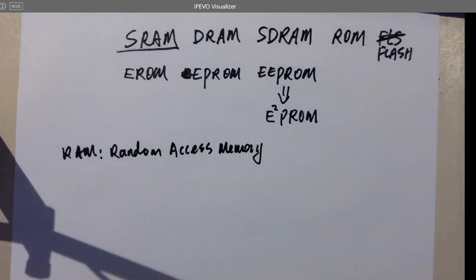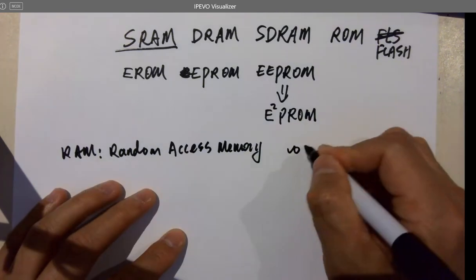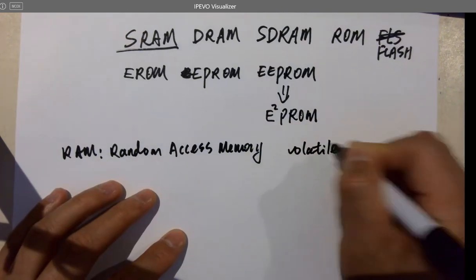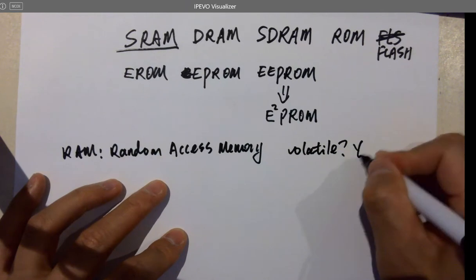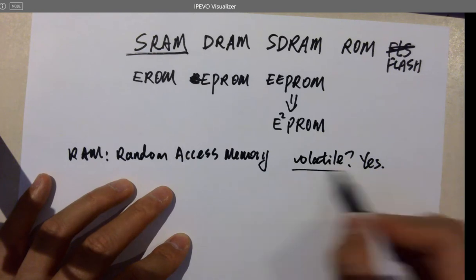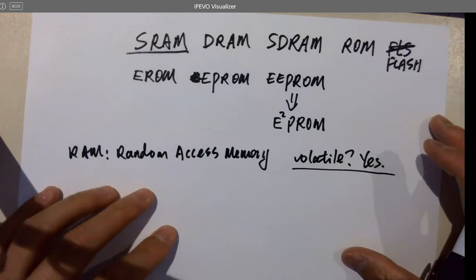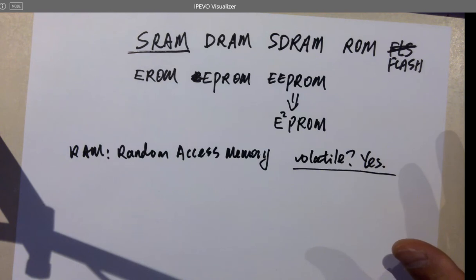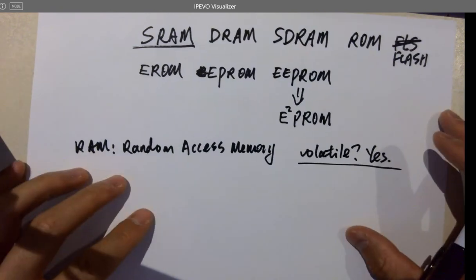So random access memory, is that volatile? What does that mean? Yeah, if you power it off, you lose everything. It's like the memory card you have on a computer. You turn it off, there won't be anything there anymore, right? It's blank.